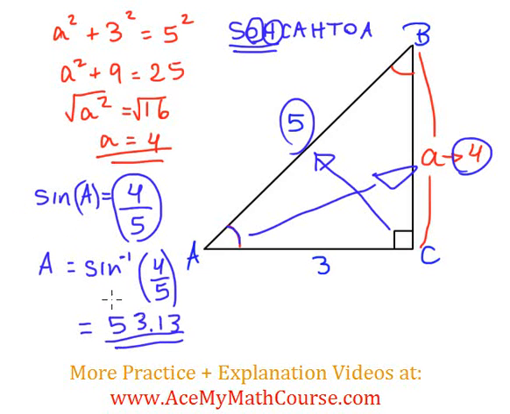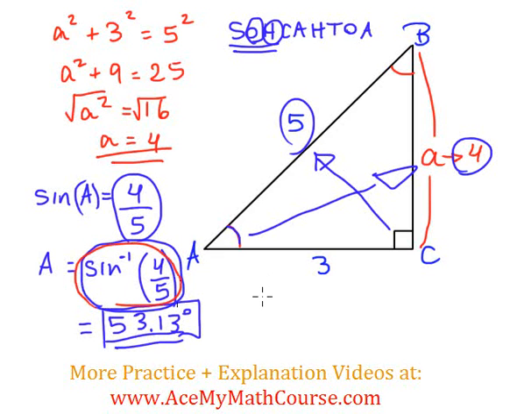A lot of students at the beginning are not familiar with this inverse sine function. Usually you have to press second and then sine on your calculator, but it varies from calculator to calculator. But that's it. So we get 53.13 degrees. Of course, if you're having problems, just ask your teacher, and I'm sure he or she will gladly explain how to perform this function on your calculator.